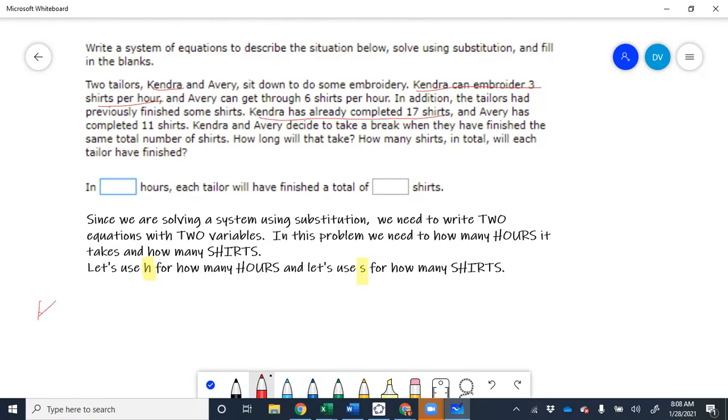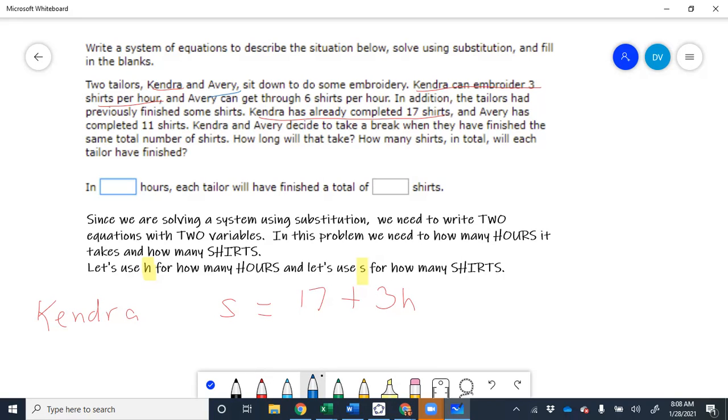So for Kendra, the number of shirts is going to be equal to the number that she already had. She already started with 17. And then she's going to keep adding to that by doing 3 every hour. So 3 shirts times however many hours she works. Okay, the other person, Avery, let's use blue.